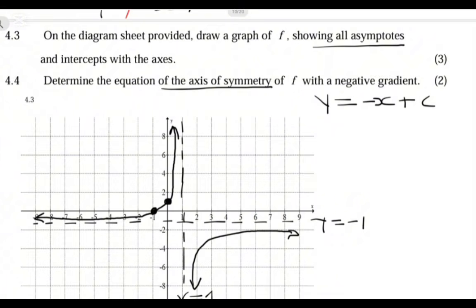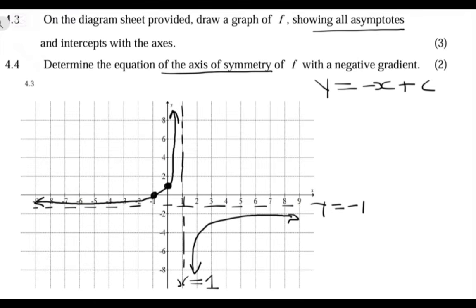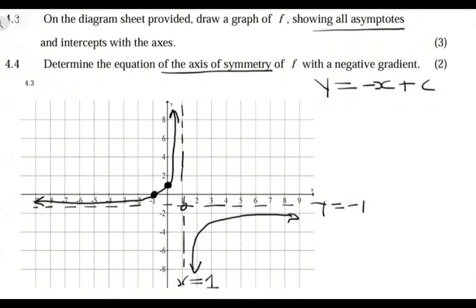So to find the value of c there, we're just going to substitute the coordinate where the asymptotes meet. So the asymptotes meet somewhere here. So the coordinate is going to be 1 and -1. So I'm going to substitute it there. Here I'm going to substitute -1, and here I'm going to substitute 1 plus c.